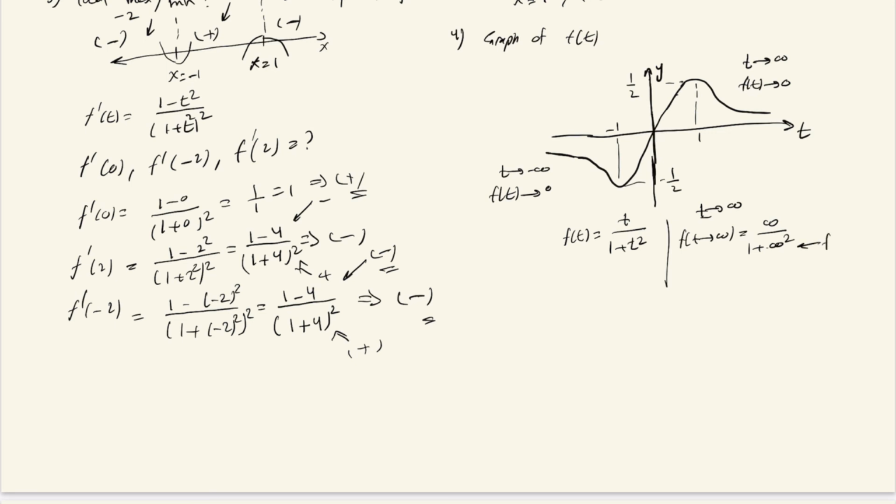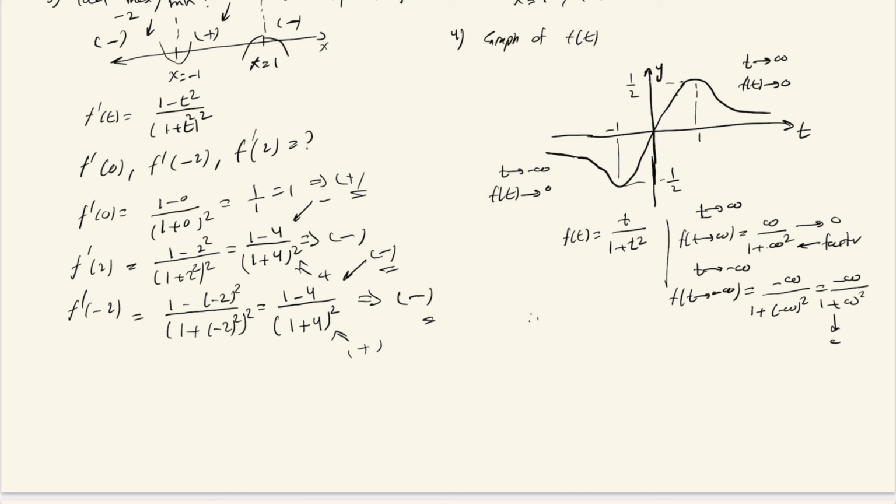Notice the bottom is faster than the top, therefore this term is going to go to 0. Now in the case of t going to minus infinity, it's going to be minus infinity over 1 plus minus infinity, squared, and that's going to be minus infinity over 1 plus infinity squared. This is the same thing. The bottom is faster, therefore this term goes to 0.